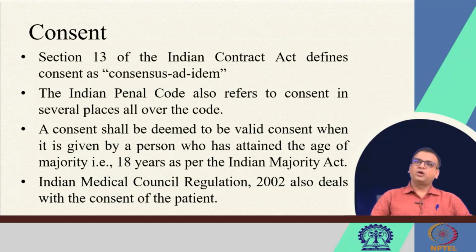At 18, one gains the age of maturity, the power to vote and to enter into a legal marriage, and consent must be valid in the case of any surgical procedures. The Indian Medical Council Regulation 2002 also deals with the consent of the patient.